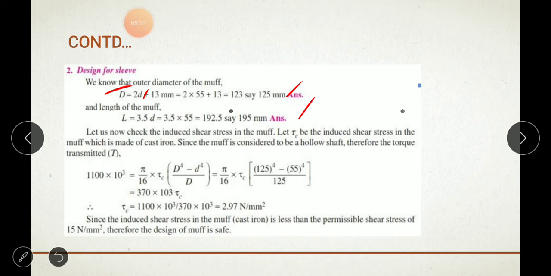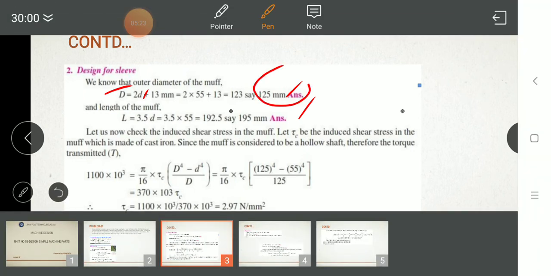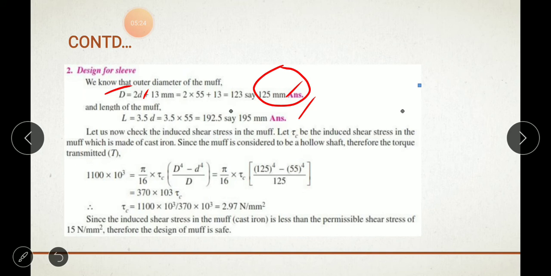Capital D is 125, which we already found out, minus small d, the diameter of the shaft, divided by D, that is 125. Once you calculate, you will get tau c as 2.97. That means our design is safe because this tau c is less than the 15 Newton per mm square given in the problem. You have to get this value less than what is given, then only your design is safe.